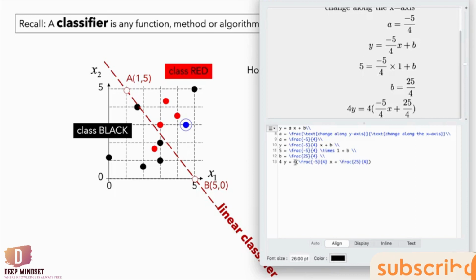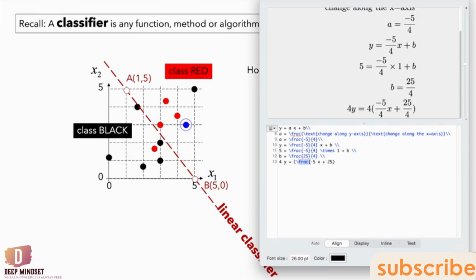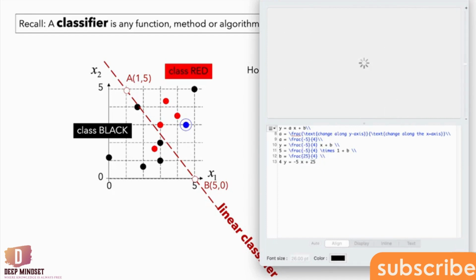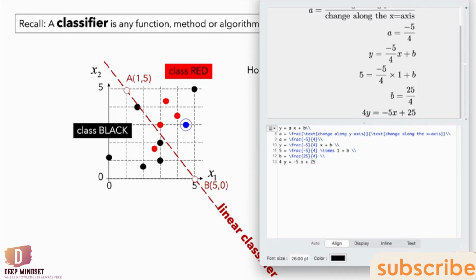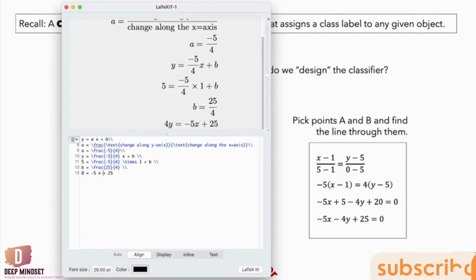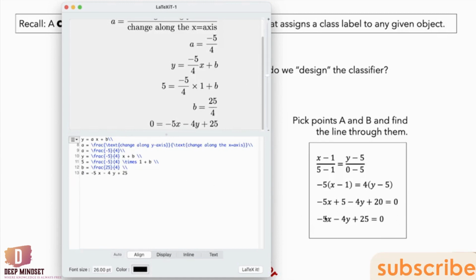So that means that we can get rid of the 4 here, the 4 here, and the 4 here. And now, if you look at this, I'm going to pass that on the other side. And this is our line equation. Same as here. It's just a different way of doing it.